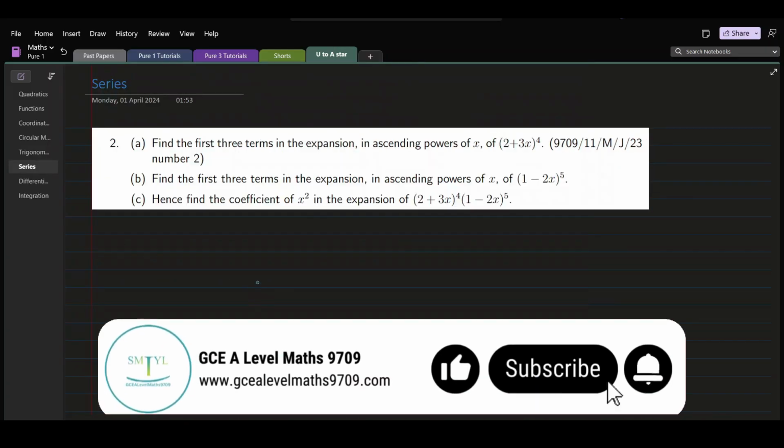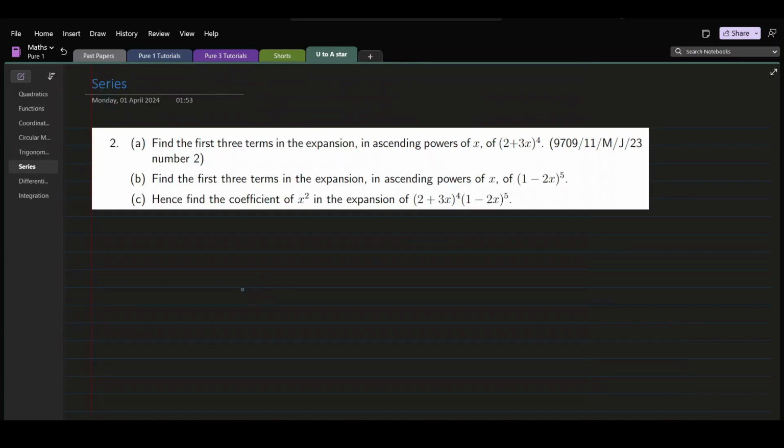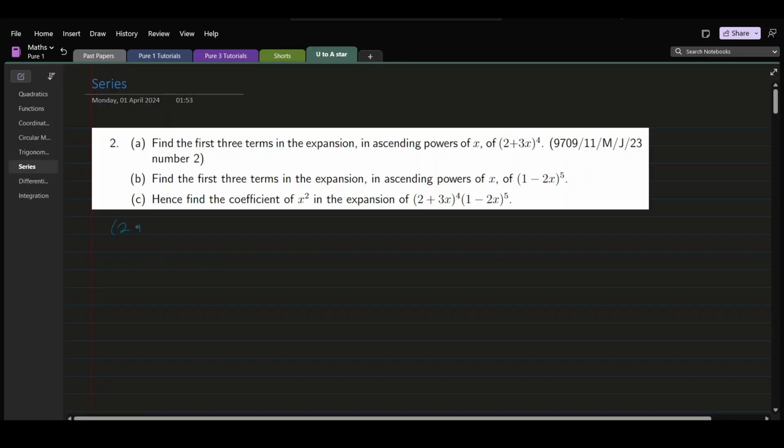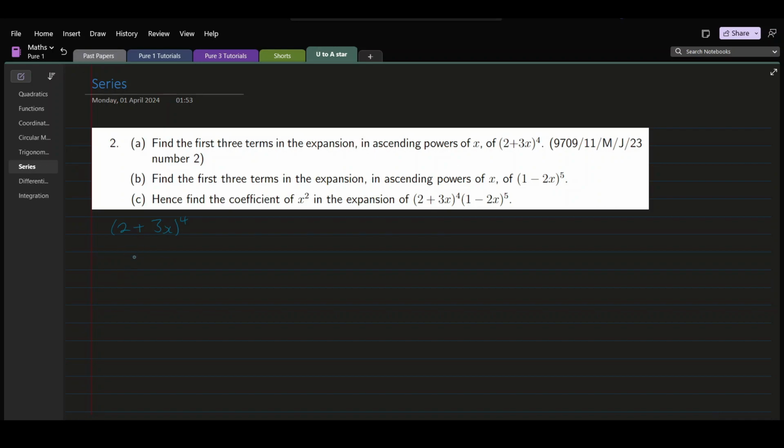Welcome to the series section of the crash course. Let's get into it. Number 2, part A. Find the first three terms in the expansion in ascending powers of x of 2 plus 3x to the power 4. Okay, so that's 2 plus 3x to the power 4. So we're going to use our formula for binomial expansion, and we want the first three terms.